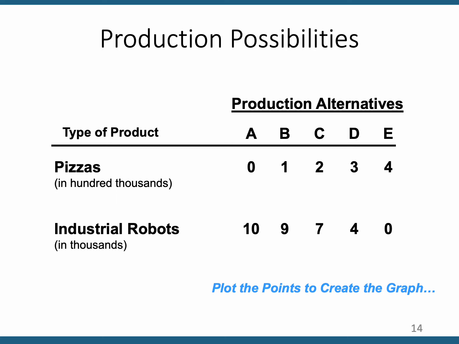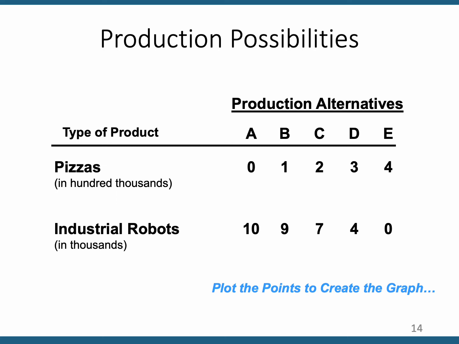So they're relatively productive, maybe not as productive as the first workers you moved, the first batch. And then you would also be moving the next worst robot makers out of the robot shop into the pizza shop. So you'd be giving up more robots than when you move the first batch of people. And then this will continue as you go from C to D.